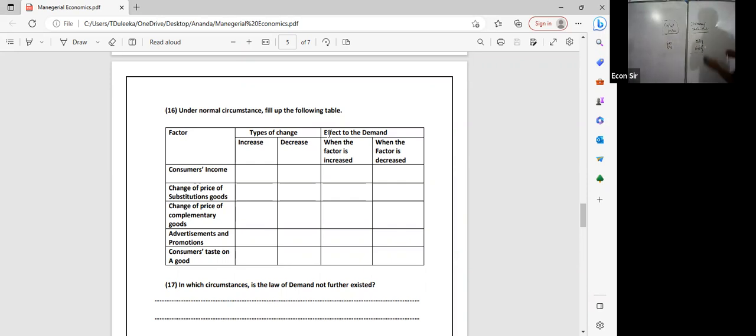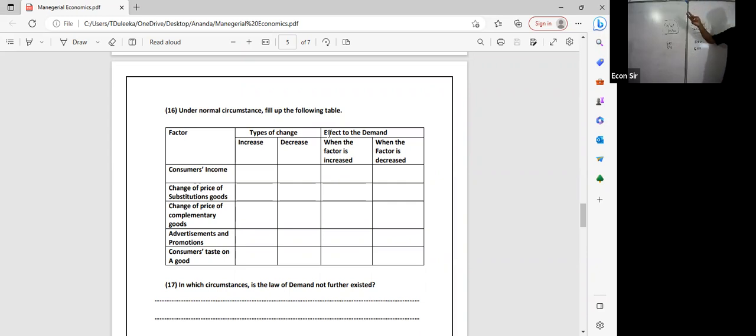Then what happened? Earlier demand for vehicles would be 1,000. Now it will increase to 1,200. Because why? This may be an inverse relationship.